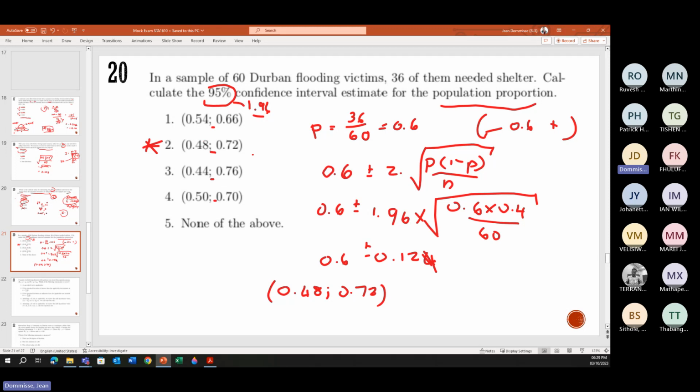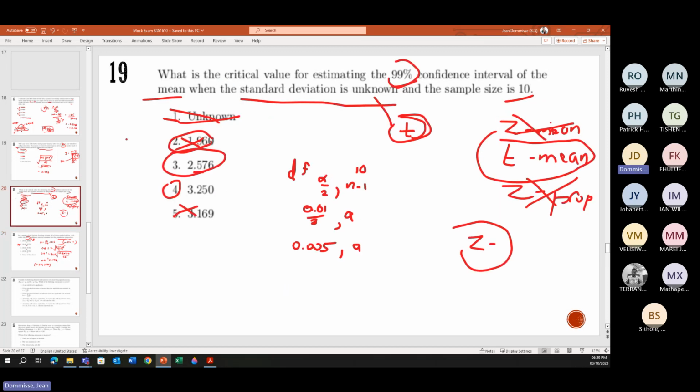Okay, so in this paper, 2 questions on confidence intervals. It's very seldom that you will get three: Z with a mean, T with a mean, and Z with a proportion. It is more likely that you will get a T with a mean and a Z with a proportion.